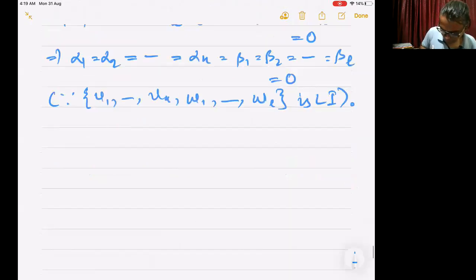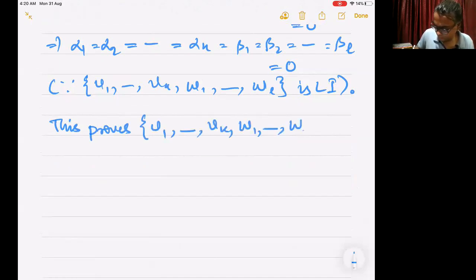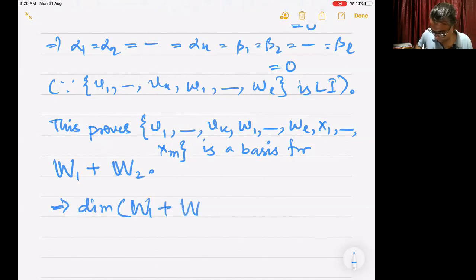So this proves this weird set v1 up to vk, w1 up to wl, x1 up to xm is a basis for W1 plus W2, which then implies dimension of W1 plus W2 is k plus l plus m.